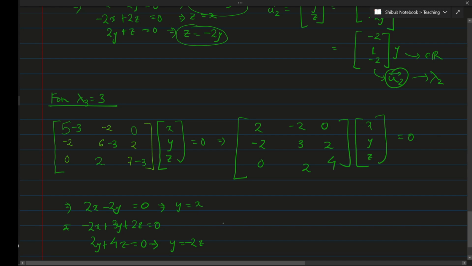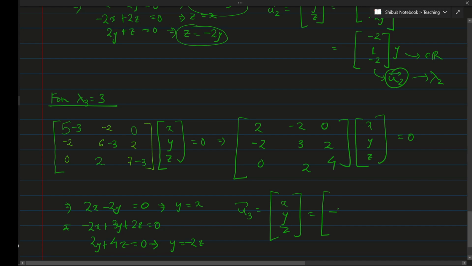So here we can get u3 equals x, y, and z. Which terms have we expressed? X we have expressed in terms of y, and y we have expressed in terms of z.